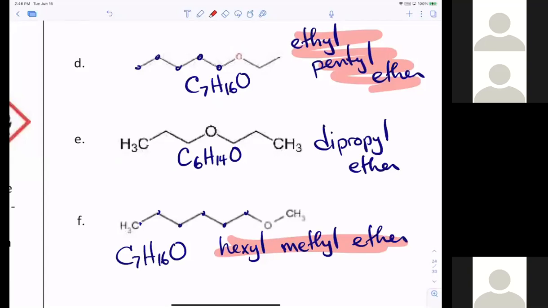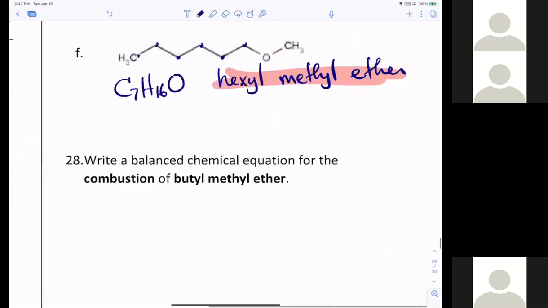Alcohols are also structural isomers of ethers, because you could think of this as C7H15OH. It's the same formula, right? With an alcohol group instead. So ethers and alcohols are structural isomers when they have the same formulas.